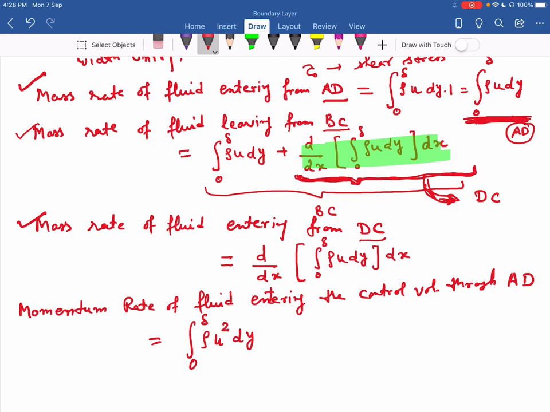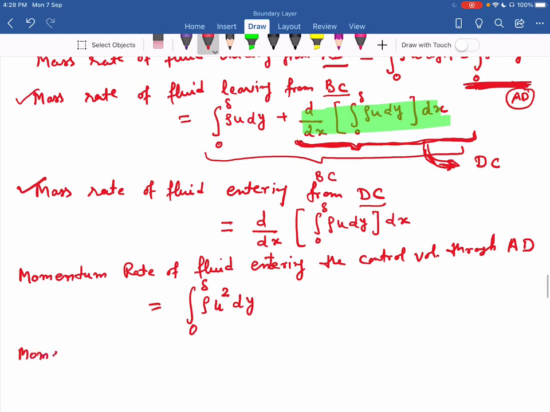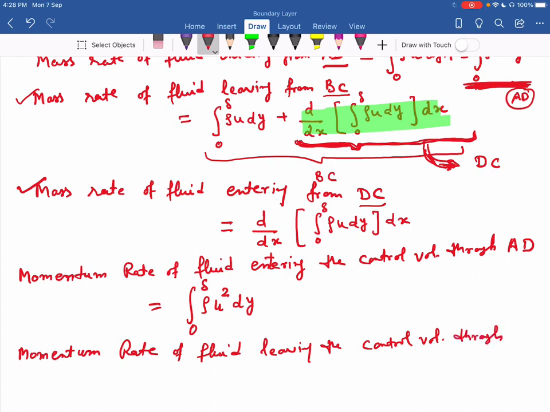Next, you can write the momentum rate of fluid leaving the control volume through BC.